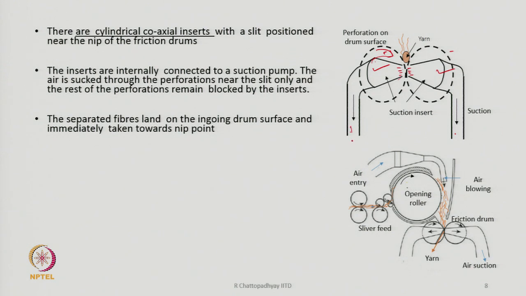The suction is acting here, and the air is entering in these regions near the nip area. There is no air entry from the other places, because those holes are blocked. Only near the nip area the air can enter, and there the fibers rest. So, fibers are there, the air is trying to enter, and therefore, these accumulated fibers will be under some pressure.